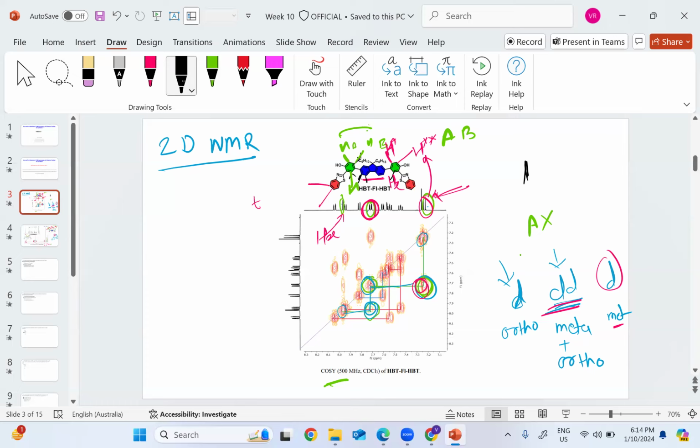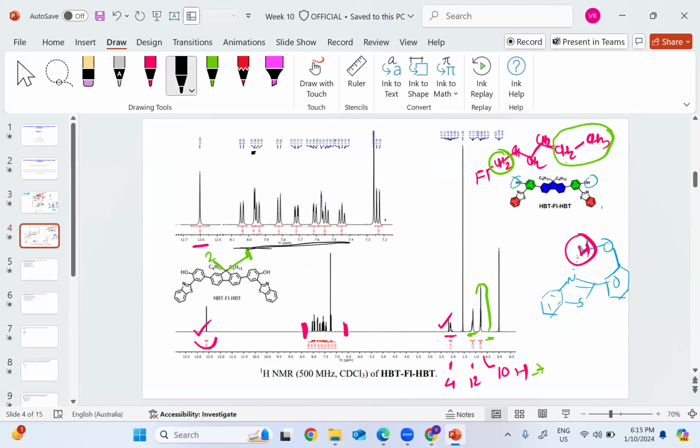This is also a doublet, a doublet of doublet, because there will be some slight meta coupling, and here this will be a doublet with very small splitting or very small J value. But there is no triplet, right? But if you look at this red phenyl ring, it will have the triplet and the triplet. So whichever triplet is observed in the NMR spectra, if you look carefully, this is one triplet right here.